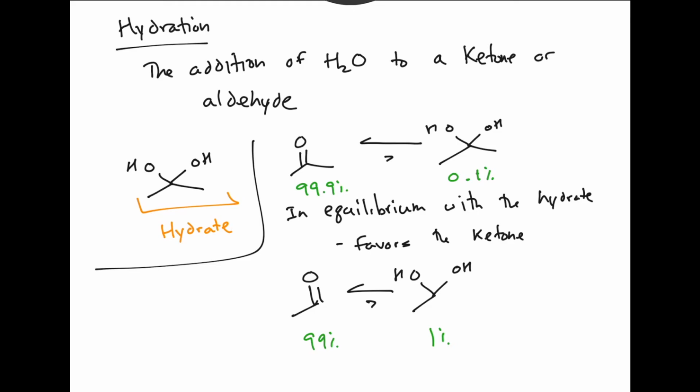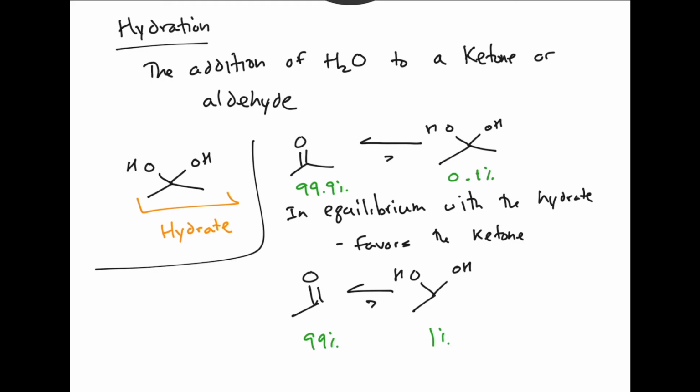And if you think about what's going on here, it kind of makes sense, right? When we first started talking about carbonyls, we said that carbon-oxygen double bonds are really strong, right? They're hard to break. We have to use really reactive reagents to break carbon-oxygen double bonds because they're strong. So if given the choice of having one carbon-oxygen double bond or the molecule having two carbon-oxygen single bonds, energetically, it's better if you have the carbon-oxygen double bond.